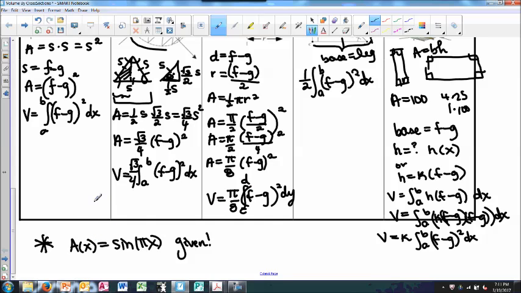There is no geometric shape that you're going to use. Remember that volume is the integral of area. dx or dy would depend upon the problem. Perpendicular to the x-axis is dx. Perpendicular to the y-axis is dy. But if you're given area, the only thing your graph would be necessary for is figuring out your endpoints.